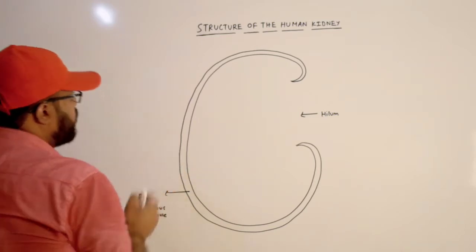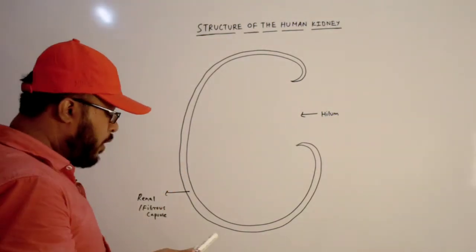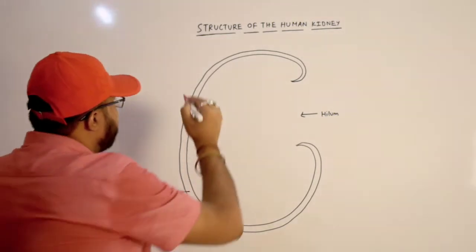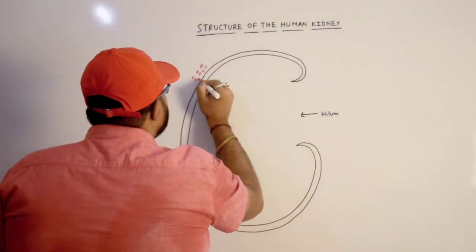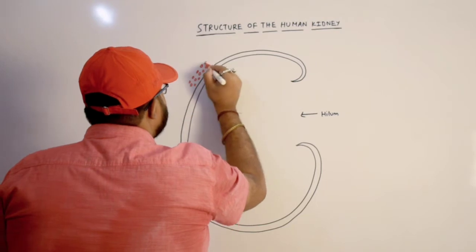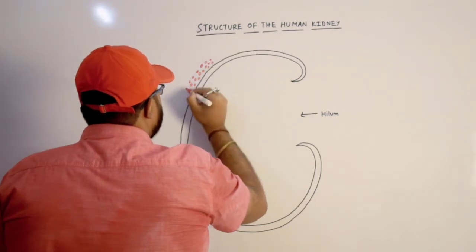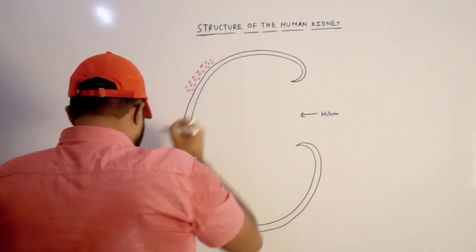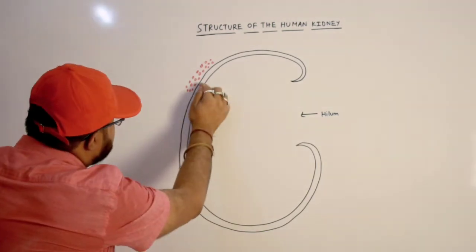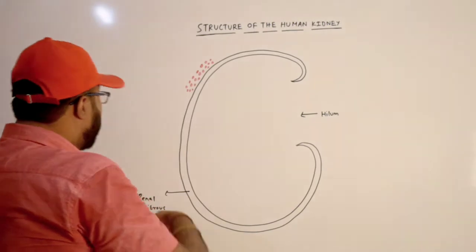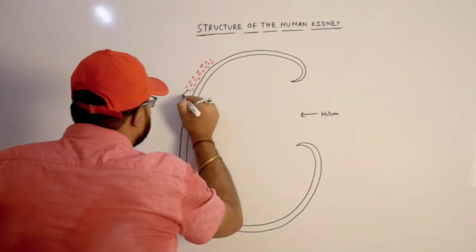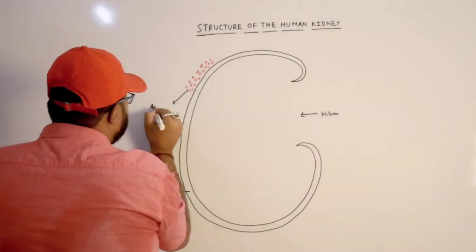The renal capsule is surrounded by a mass of fatty tissue which is called the adipose capsule. This is the adipose capsule.